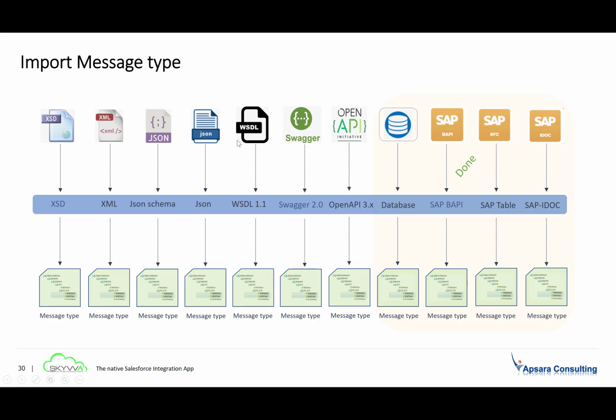We have supported JSON and WSDL, and now we have enhanced to support a database, like a stored procedure or a table. We can generate the metadata and then use it for the interface mapping. And we have also supported SAP BAPI, remote function call, and IDoc. That is now done. That is the enhancement.